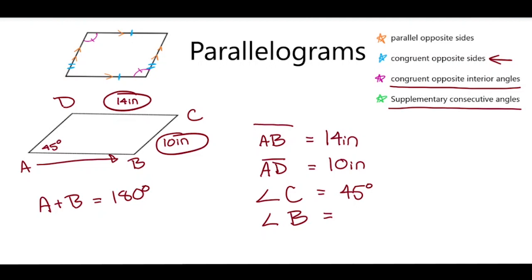So since A is 45, that means 45 plus B is equal to 180. So I'll just subtract 45 from both sides. So now I know that B is equal to 135 degrees. And that's how you find the lengths and sides of a parallelogram.